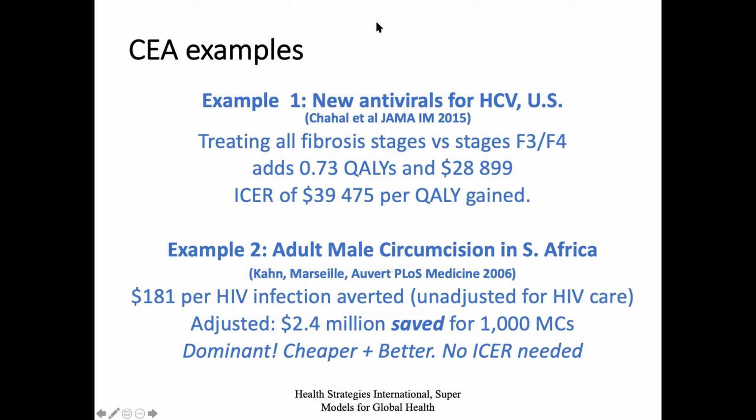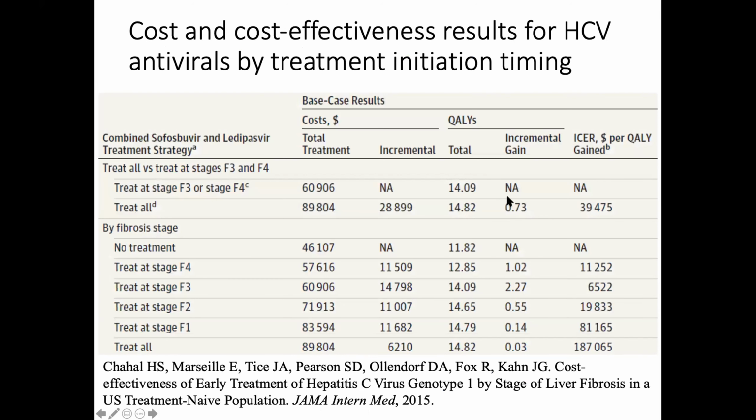The other one is new antivirals for HCV. Most of you probably realize that a few years ago, there was a revolution in the treatment of HCV. A whole set of new highly effective antivirals came out with relatively short treatment courses, but very expensive. So we looked at this, and here we go. This is the main table from that paper. We looked in particular at sofosbuvir and ledipasvir, if I'm saying that right.